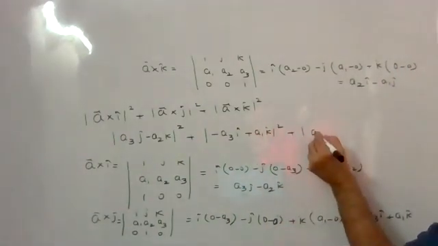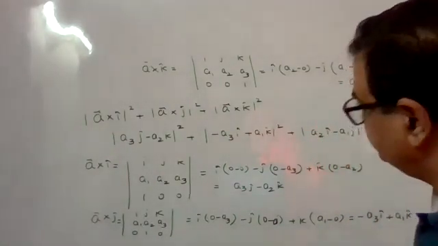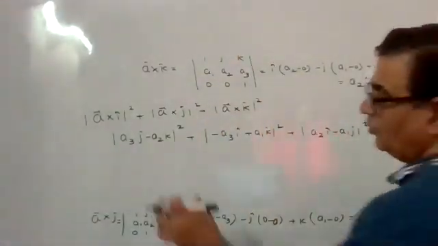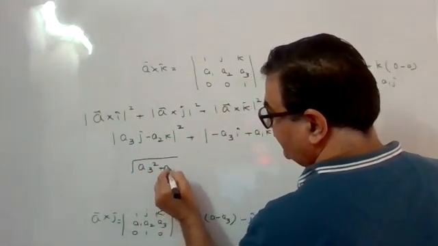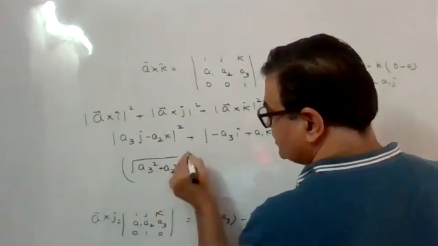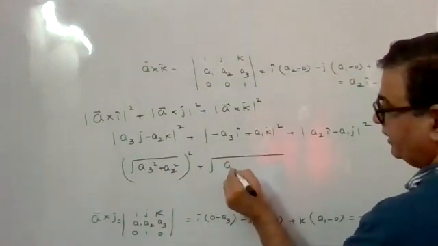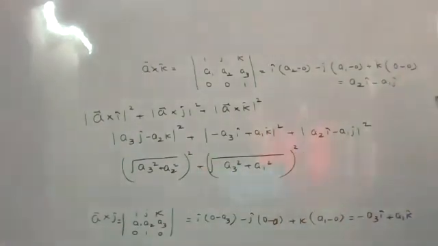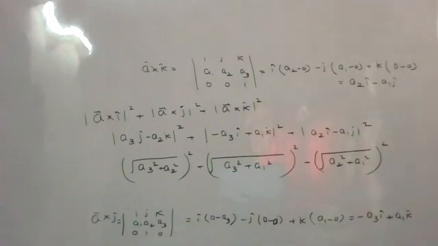And then A cross K is A2 I minus A1 J square. Now, its magnitude, if I take, it will be root of A3 square plus A2 square whole square. This will come under root of again A3 square plus A1 square and then whole square. And next comes out to be under root of A2 square plus A1 square whole square.